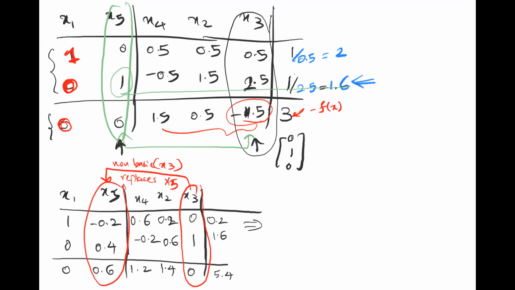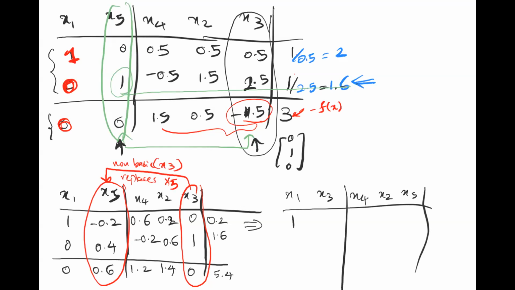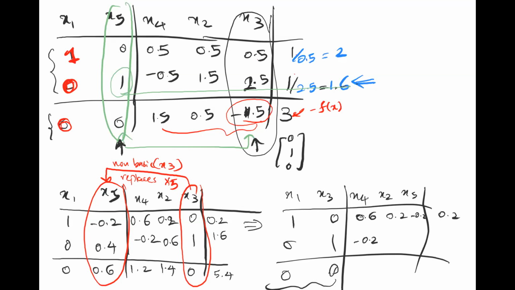Our new tableau looks like x1, x3, x4, x2, x5: 1, 0, 0, 1, 0, 0, which is the standard format for the basics, then 0.6, 0.2, minus 0.2, 0.2, minus 0.2, 0.6, 0.4, and 1.6, 5.4, 1.2, 1.4, 0.6.